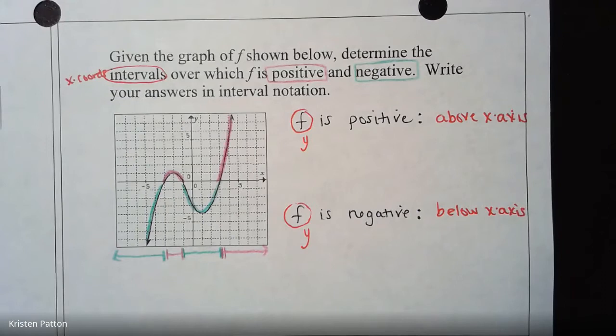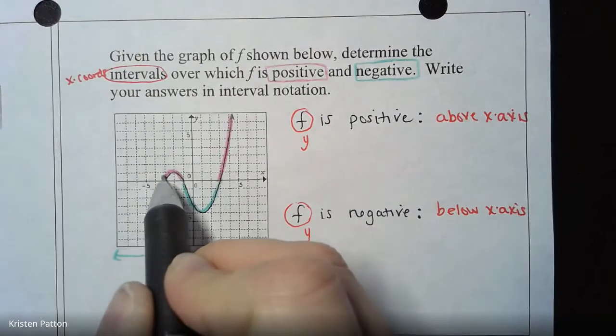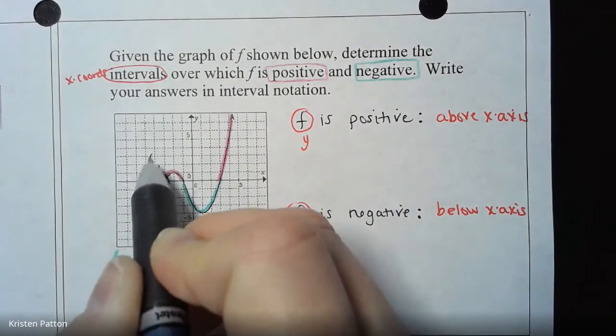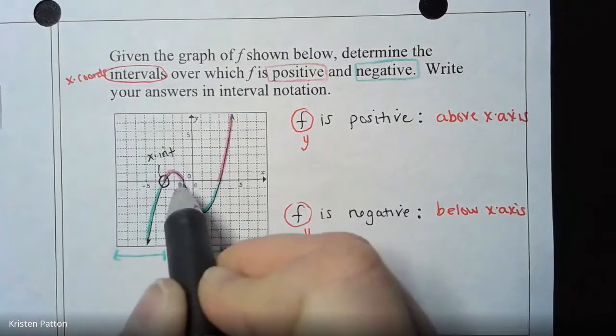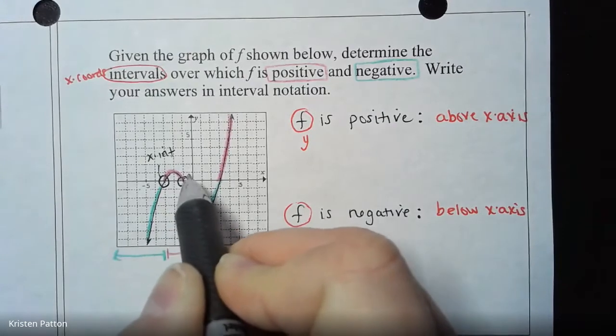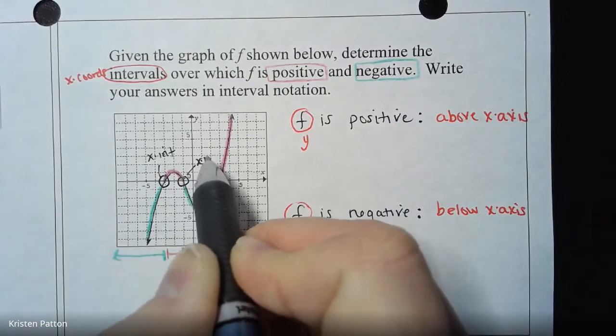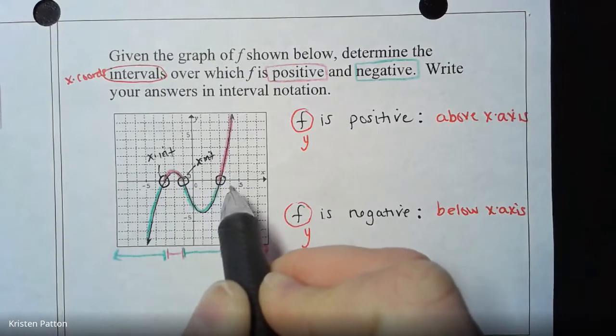So we just want to write the intervals where my graph is pink versus where my graph is teal. What I want to highlight before we start is where we change, right? Look to see where I change from teal to pink. Oh, that's an x-intercept. Oh, changes from pink to green. That's another x-intercept. Oh, changes from green to pink.